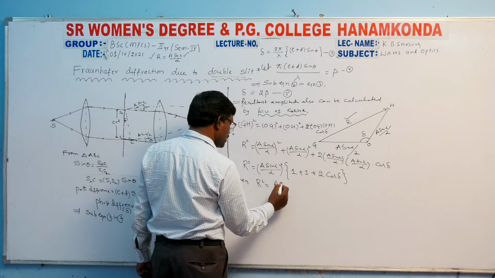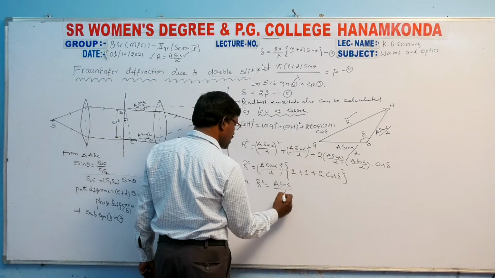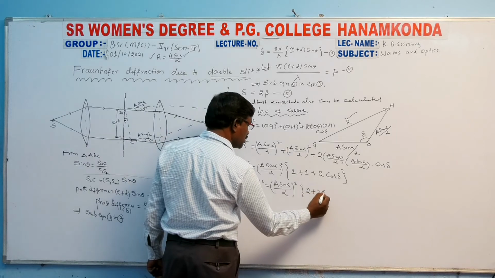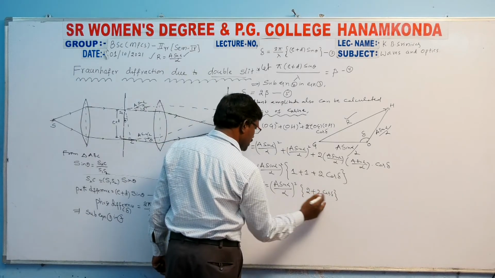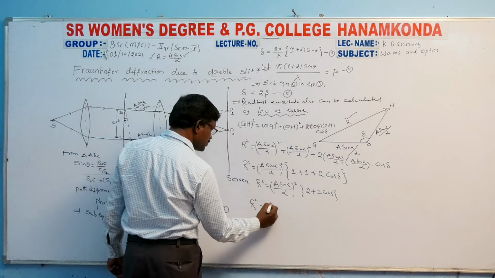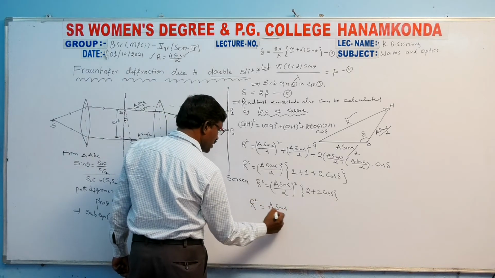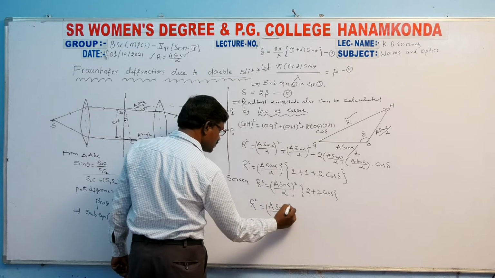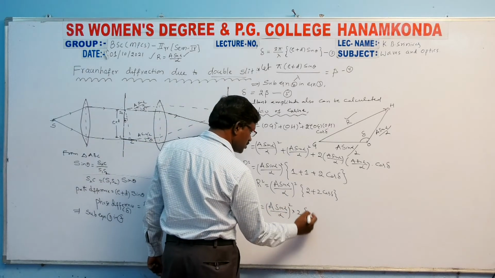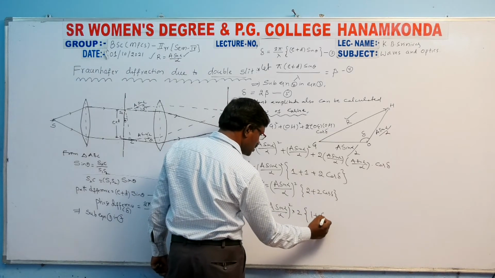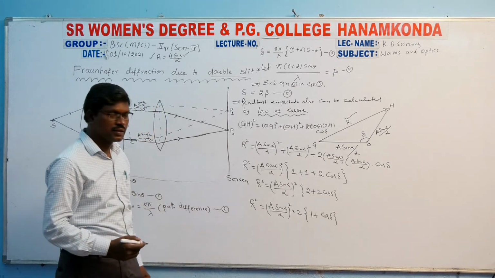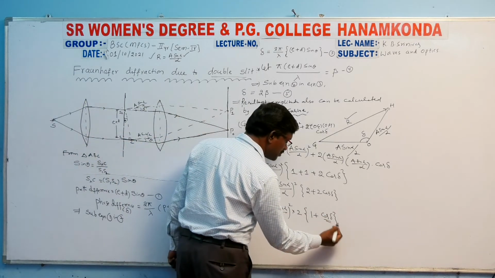R square is equal to A sin alpha by alpha whole square into 2 plus 2 cos delta. Here I am taking 2 as common, so R square is equal to A sin alpha by alpha whole square into 2 into 1 plus cos delta.